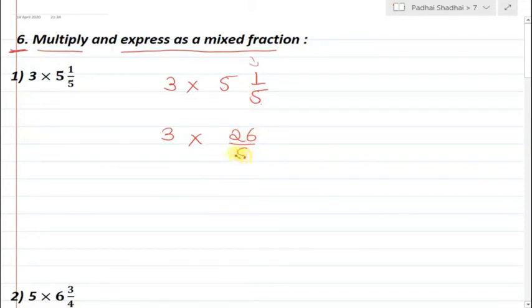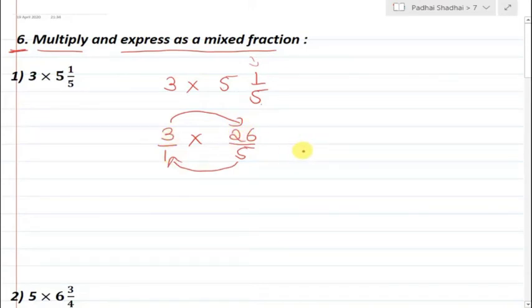If possible we will cut anything, but here it is not possible to cut anything, so we will put the denominator: 3 into 26 and 5 into 1, okay.